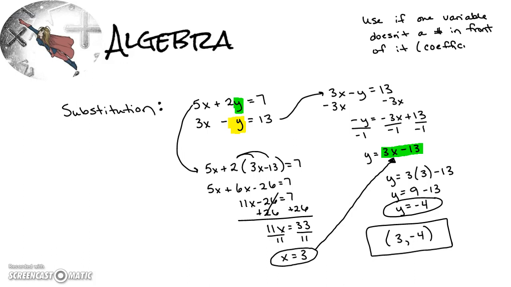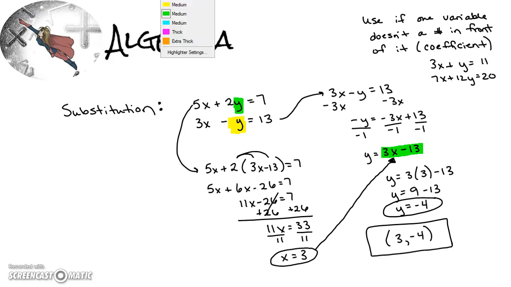So when you scan through a problem, if you see an equation like 3x plus y equals 11 and like 7x plus 12y equals 20, I just randomly made those up, I would notice this y right here that doesn't have a number in front of it.